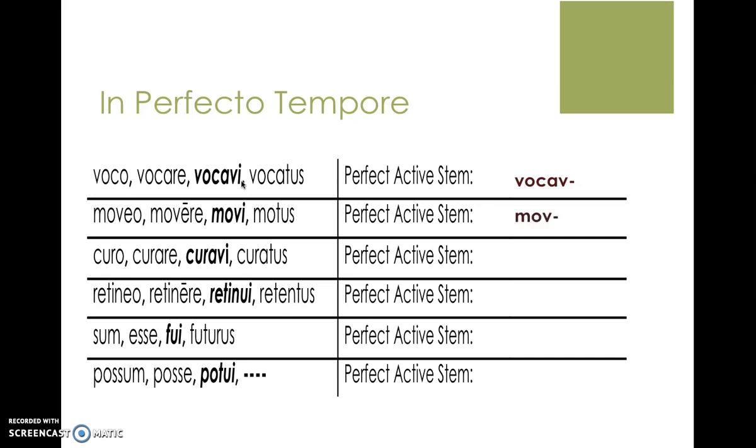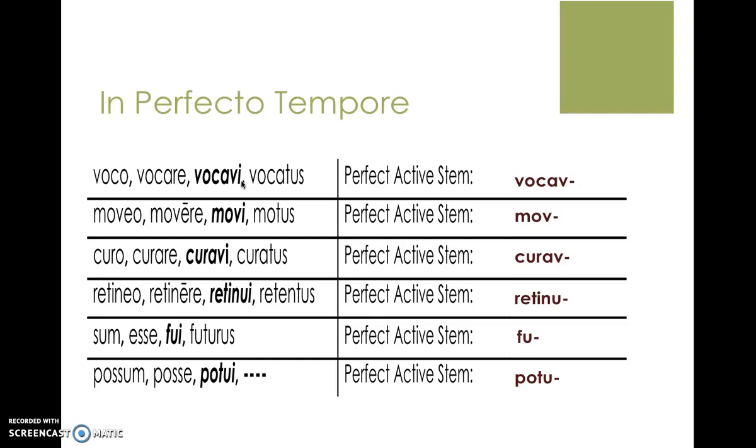The perfect stem for the verb to care for is curav. The perfect stem for to retain is retinu. And our two irregular verbs that we've been working with so far this year have been sum, esse and possum, posse. And the perfect stem for esse is just fu, and the perfect stem for posse is just potu.